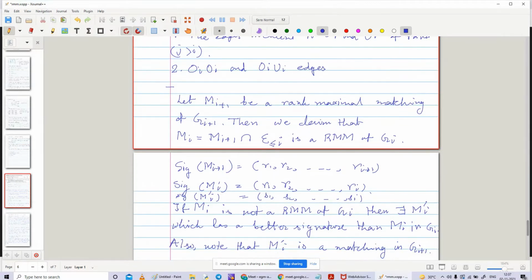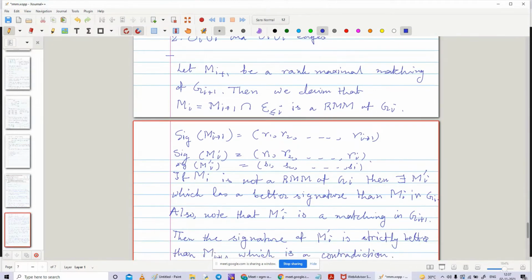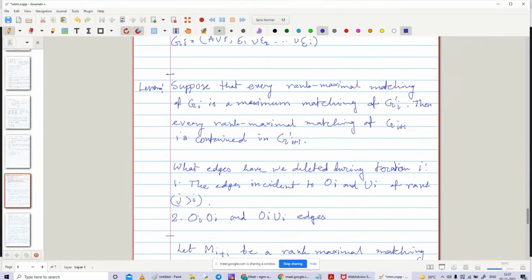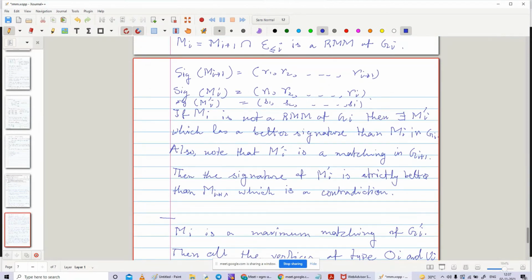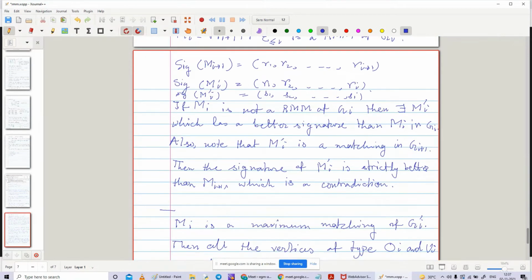We claim that this is a rank maximal matching of G_i. By our assumption that every rank maximal matching of G_i is a maximum matching of G prime i, we can also claim that this matching M_i is a maximum matching of G prime i.